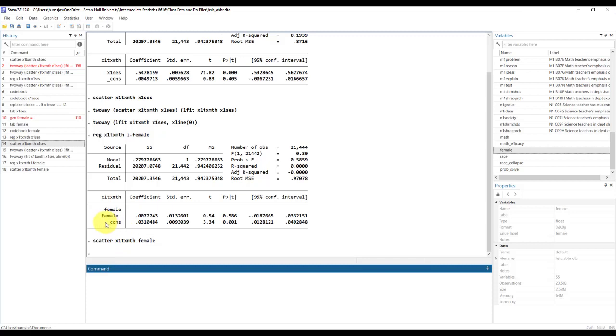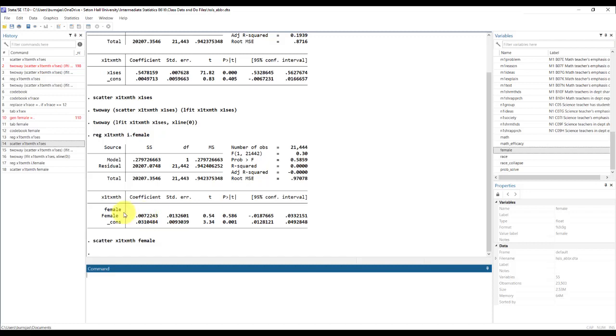In this case, the constant actually represents the average math score for males. Males are coded as 0, so they go down here into the constant. So on average, the math score for males is 0.03, and the math score for females relative to males is 0.007 higher.